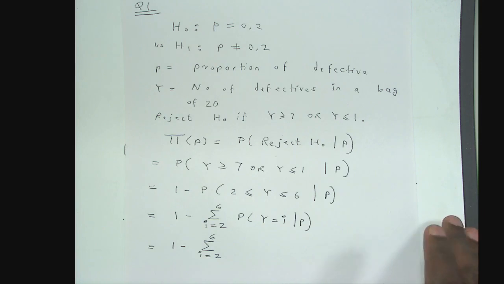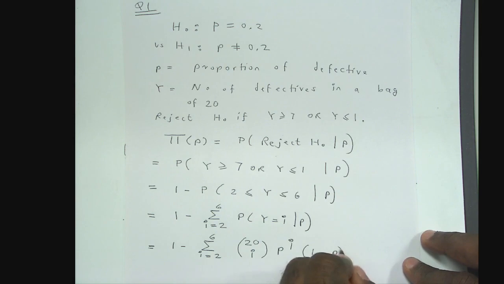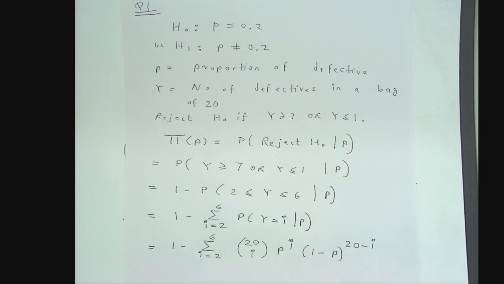So what distribution do you think Y should have? Binomial, exactly. So it's binomial with probability P. So the probability that Y is equal to i is the formula I'm sure you guys remember. This is the probability mass function for the binomial distribution, right?